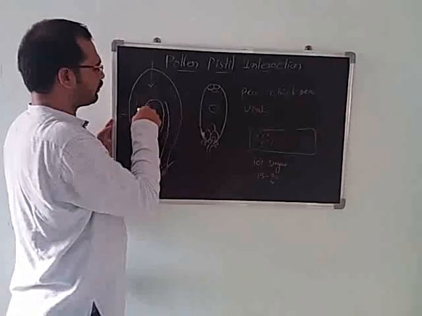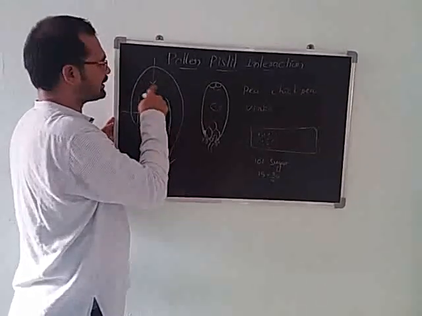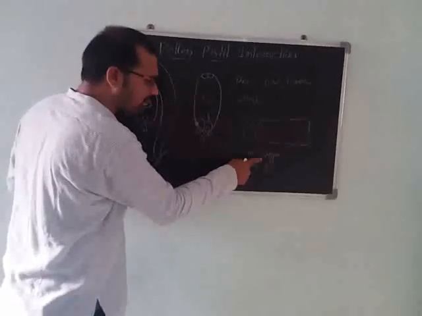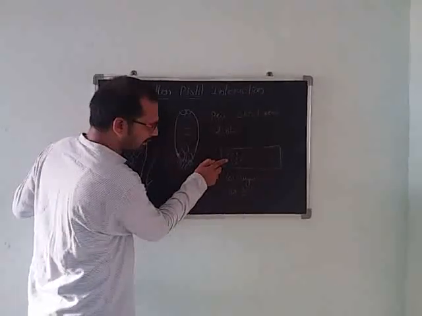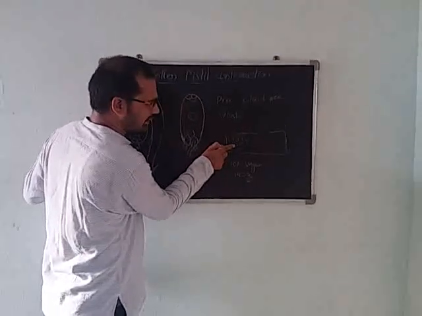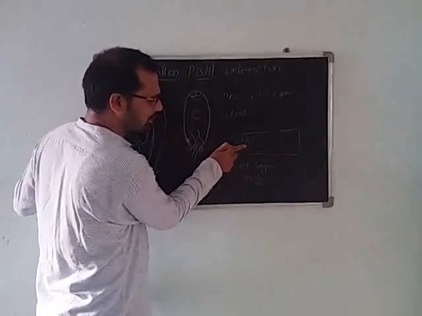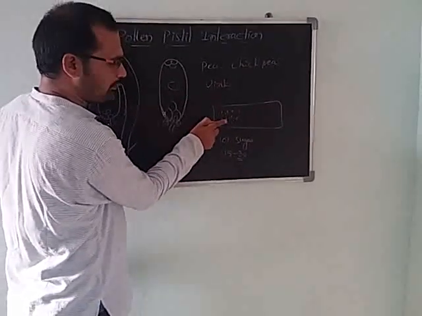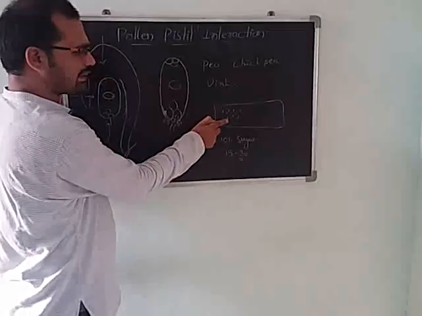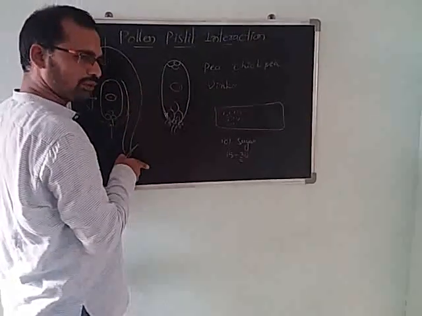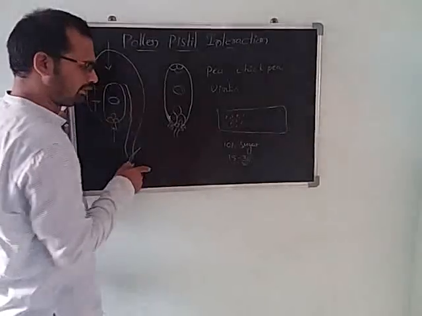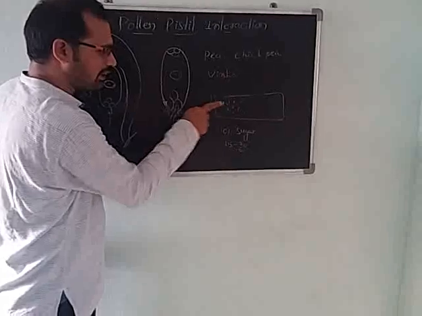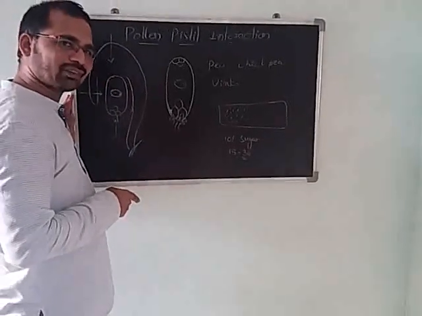Pollen tube formation naturally on the stigma is called in vivo. Pollen grain germination in the laboratory on a slide, artificially using a sugar solution, is called in vitro. Pollen grain germination seen on the slide can be observed even with a normal microscope.